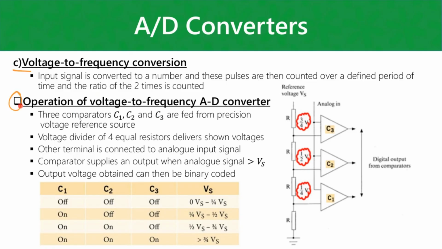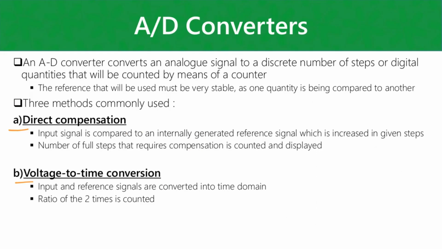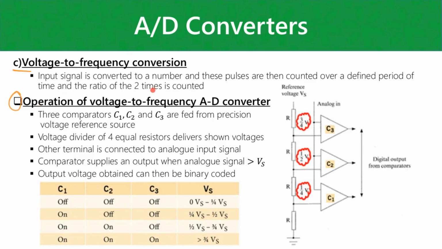If we take a look at the voltage to frequency analog to digital converter, I still don't get how this is voltage to frequency, but okay. So essentially what we're going to get here is three comparators. I think this is actually direct compensation if I'm not mistaken, but I believe the textbook calls it this.